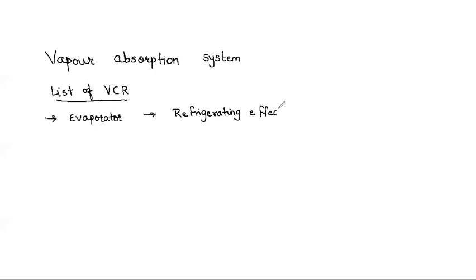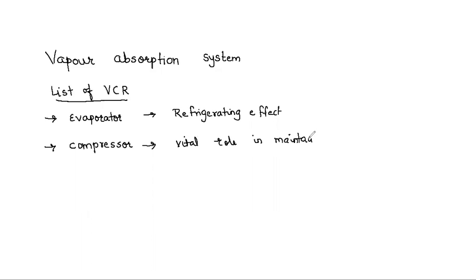The other important component is the compressor, and its job is to maintain the pressure difference between the condenser, that is the discharge side, and the evaporator, that is the suction side. So the compressor plays a vital role in maintaining the delta P.